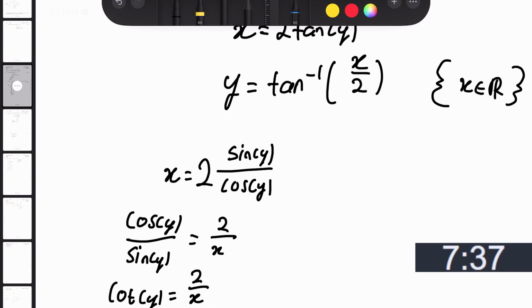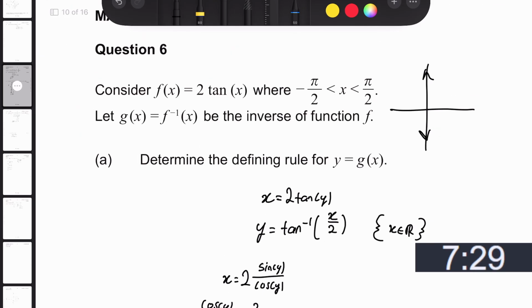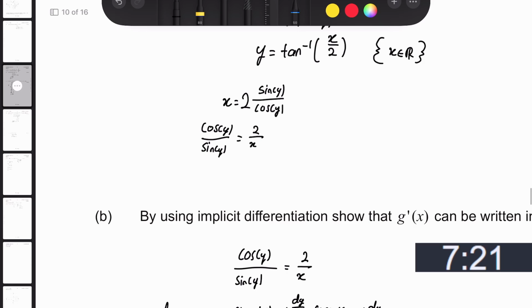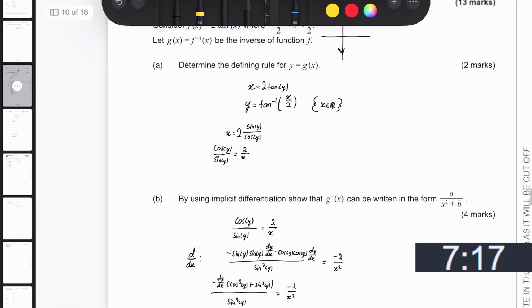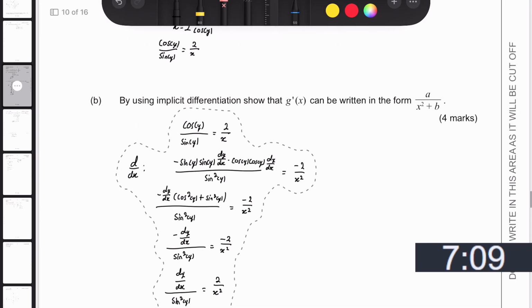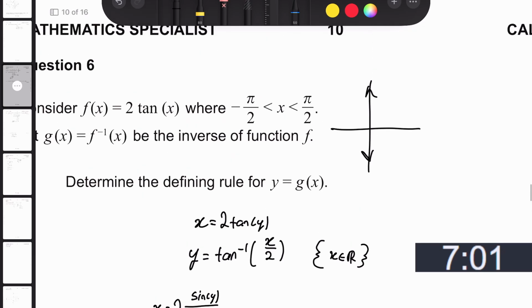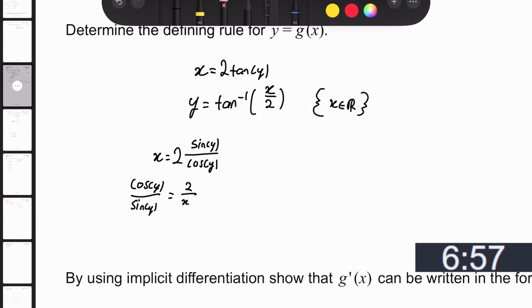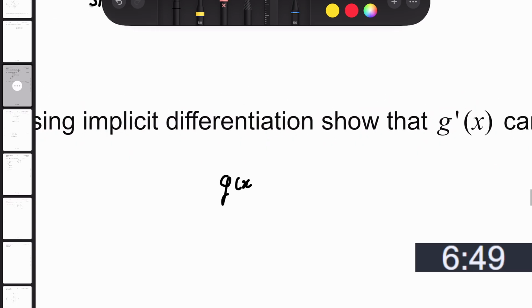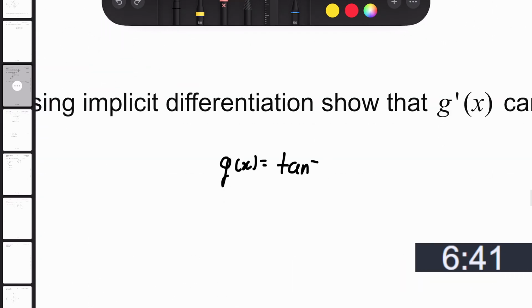Inverse tangent. x is equal to 2 tangent of y. g dash of x. Tangent negative 1 of x on 2.